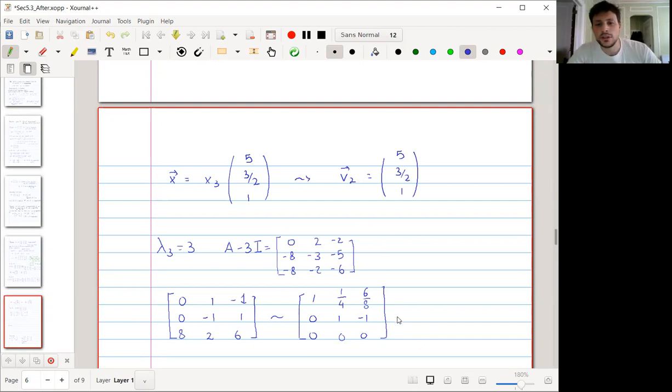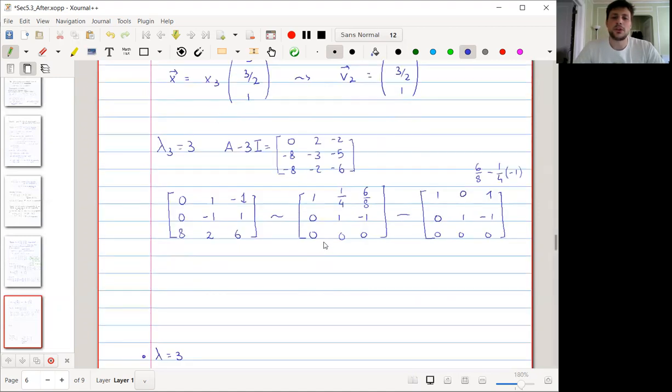So far, so good. Last step here is 0, 1, minus 1. I take a fourth of the second row and I subtract it from the first. So here I get 6 over 8 minus a fourth minus 1. So it's 6 over 8 plus a fourth. That becomes 1.